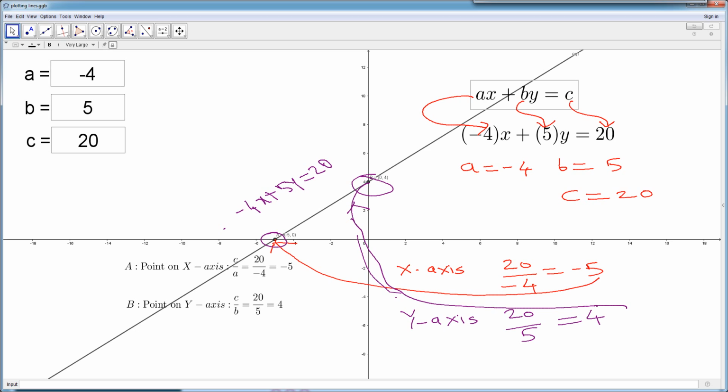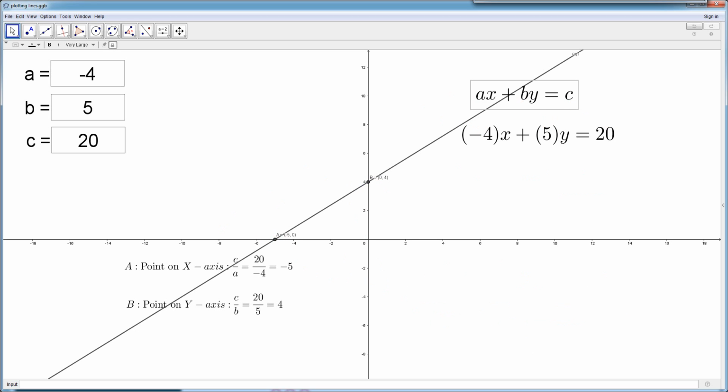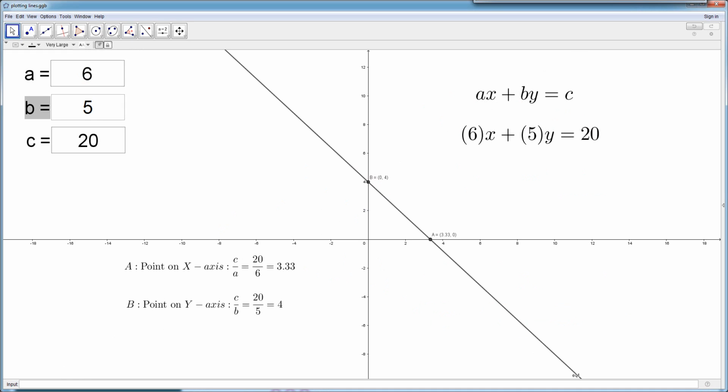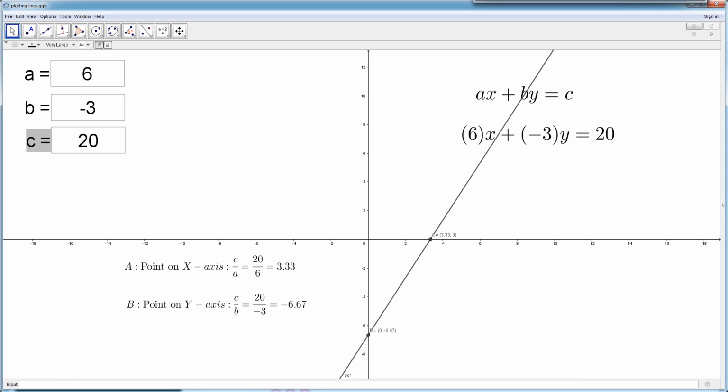As a last example of plotting straight lines, let us take the value of a as 6, the value of b as -3 and the value of c as 18.